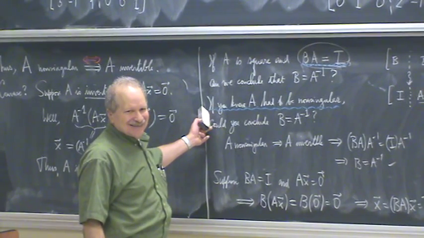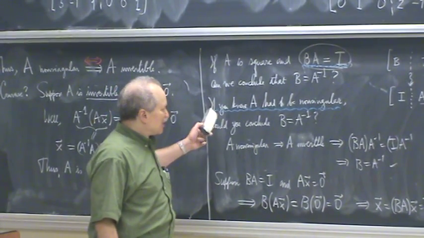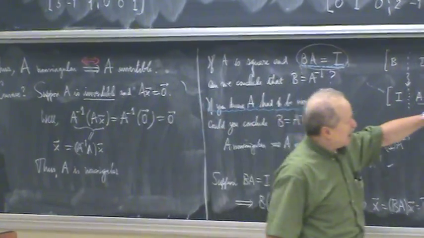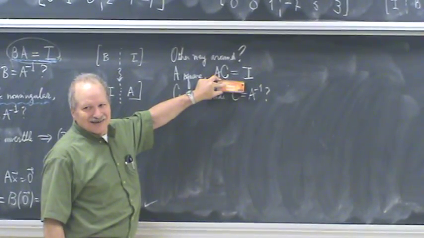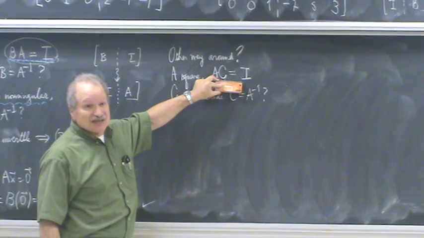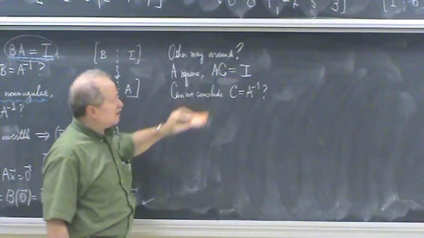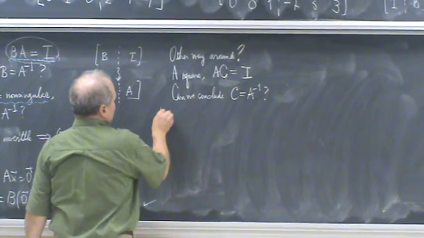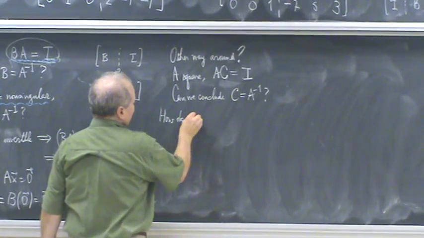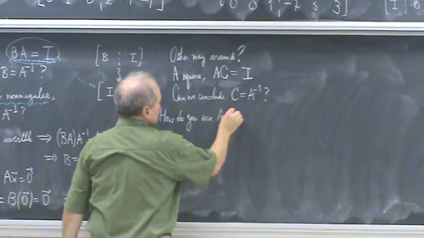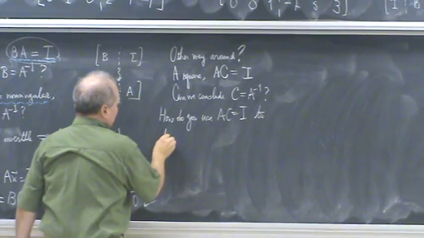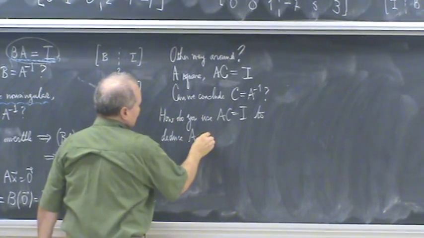Yes. Well, do you think you can use this to show A must be non-singular? Yes. Can't do it the same way I just did it, though. How do you use AC equals I to deduce A is non-singular?